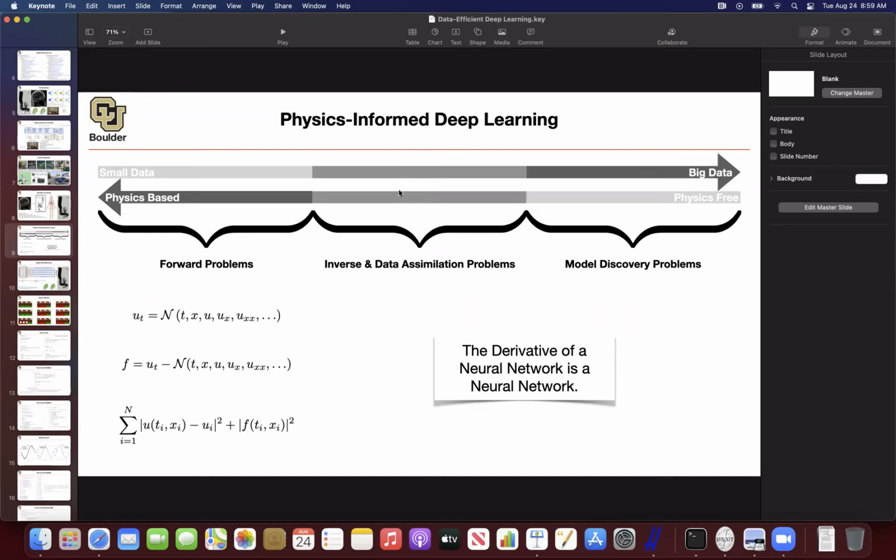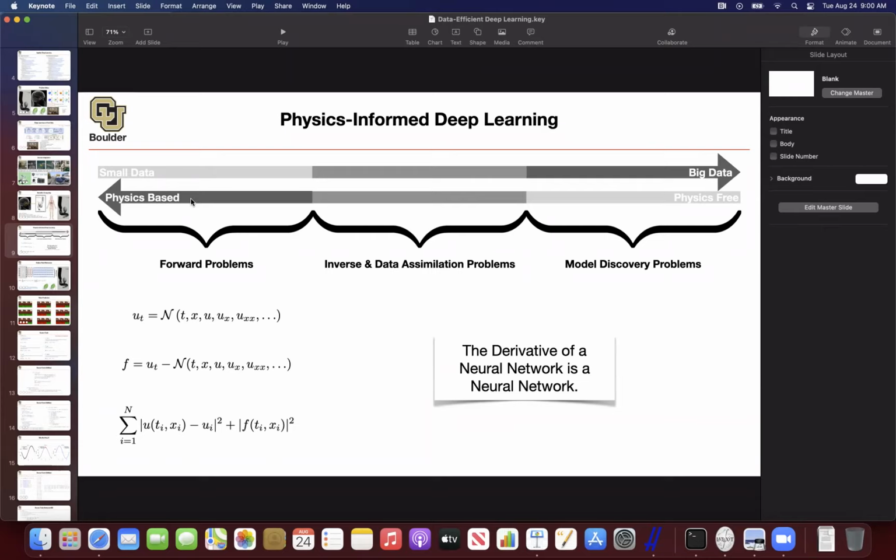Now the question is, what if you don't have data on the concentration? Then you're going to fall back here. Your data is even smaller. It means that you need to make more assumptions about your system. Maybe put some data on the boundary, and then that's going to be a forward problem for you. It means that you are doing a forward simulation: given the inlet and the outlet, solve the forward problem.